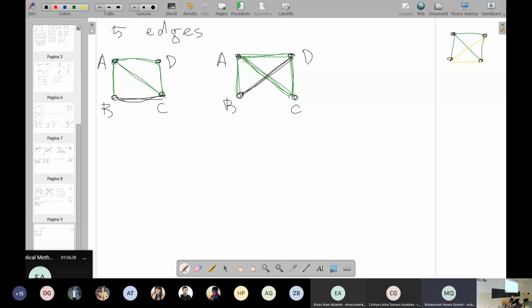Are you with me, all with me? Okay. You see that this diagonal AC is now this diagonal AD, okay? So we send B to itself, C to D and D to C, and we are done, okay? So this is no new thing, okay?